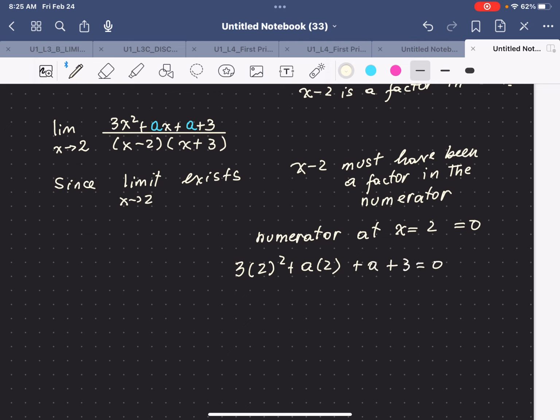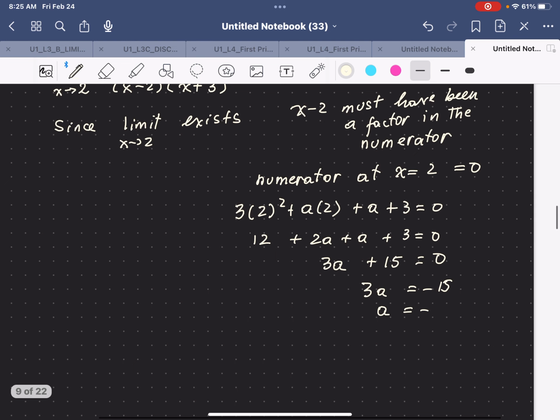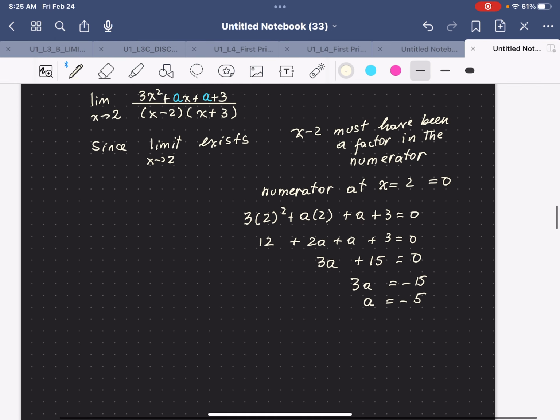Let's simplify. So we have 12 plus 2a plus 1a plus 3 equals 0. So that is 3a plus 15 equals 0, which makes 3a equal to negative 15. So that will make a equal to negative 5. So what we're going to do is substitute a into the equation.